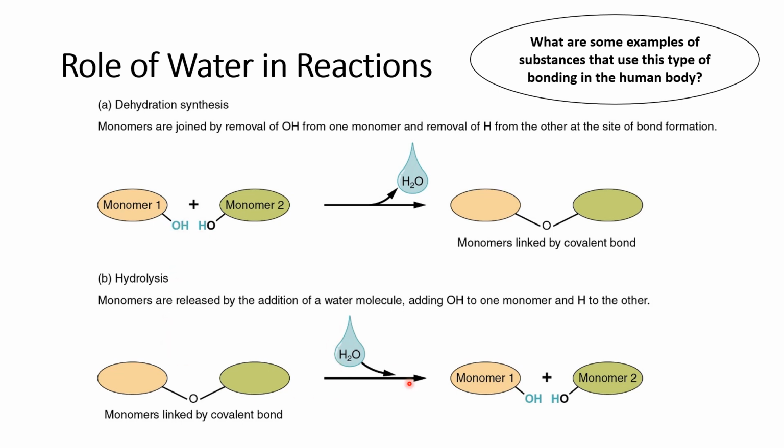So since water has the effect of splitting this compound, we call this hydrolysis. Hydro means water, lysis means to break apart or to split apart. So removing water dehydrates, dehydration synthesis, it builds, adding water splits apart, hydrolysis.